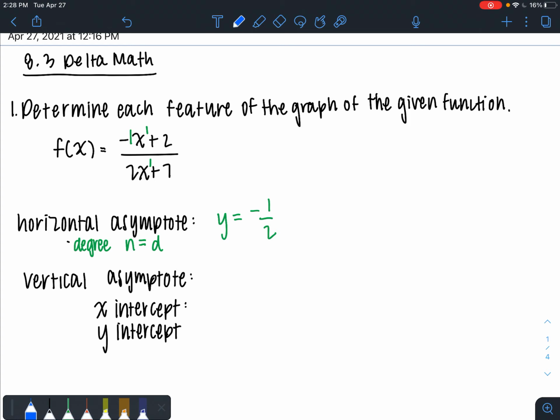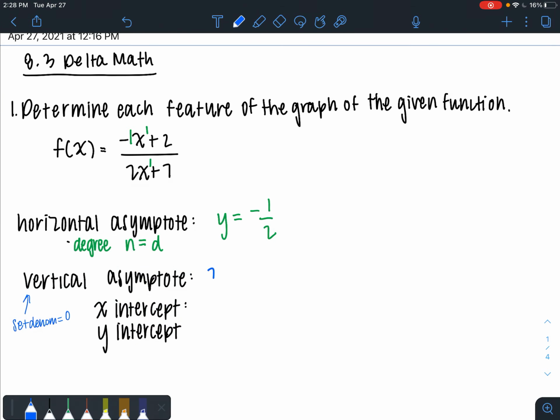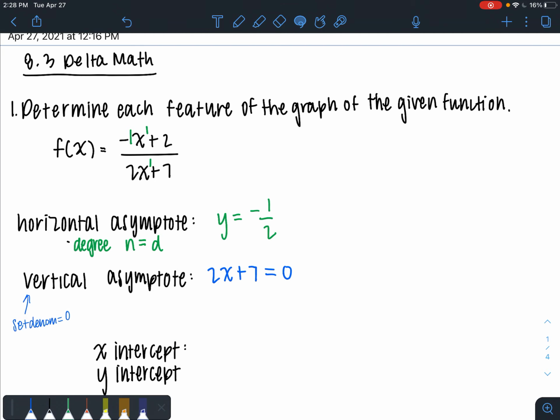We'll have a vertical asymptote by setting our denominator equal to 0. So 2x plus 7 equals 0, and solve.